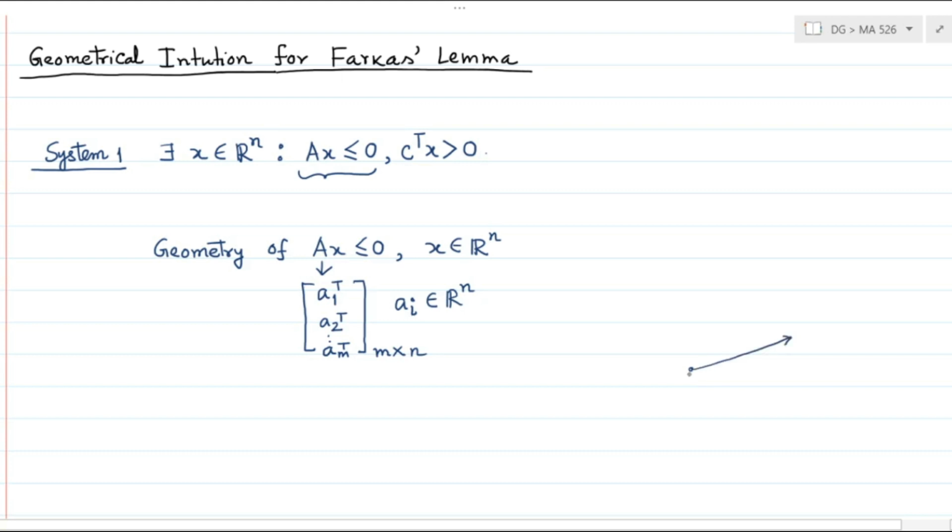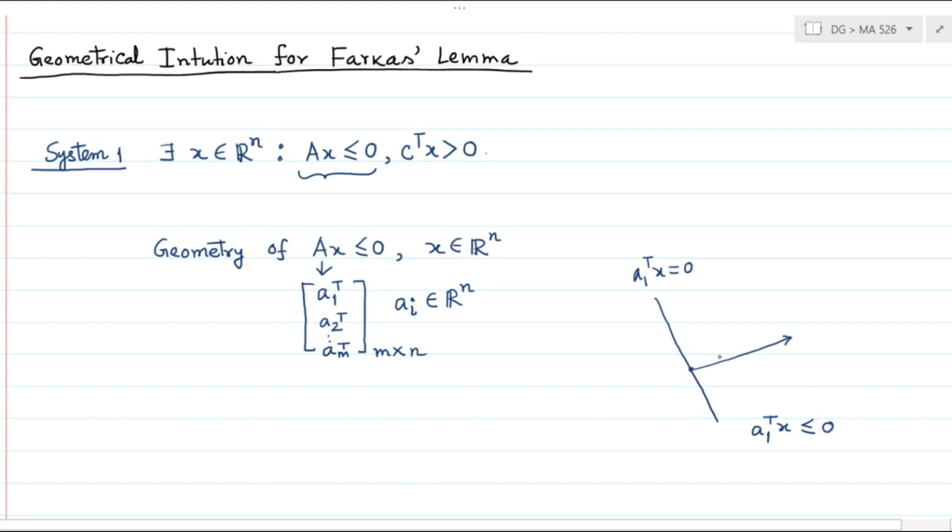What is the meaning of A1 transpose x less than or equal to 0? It is nothing but the left side of the hyperplane A1 transpose x equals 0. This is the hyperplane, and its perpendicular is the vector A1.